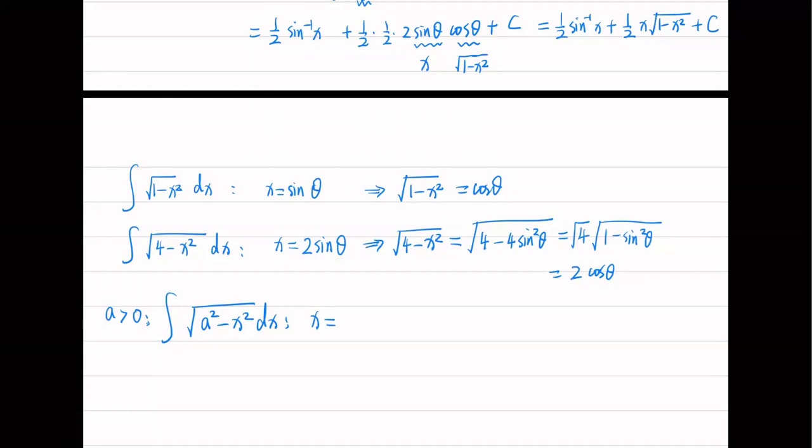If it's 4, we pick 2. Now we have a squared. What do we pick? A. A, yes. Okay, have a few minutes, we can finish this.